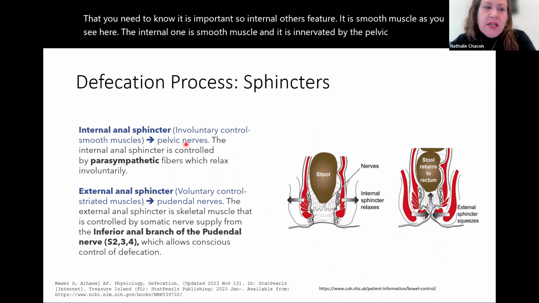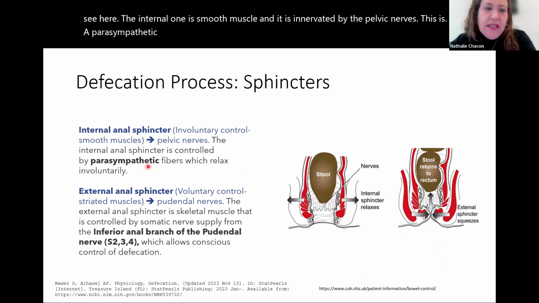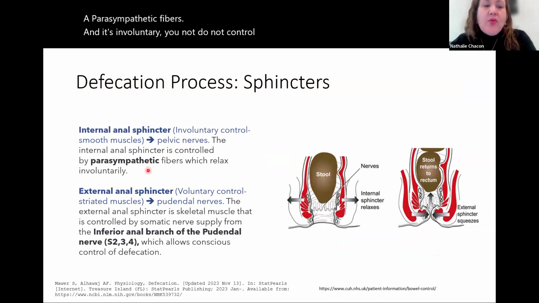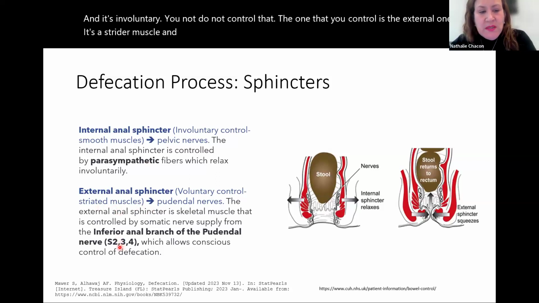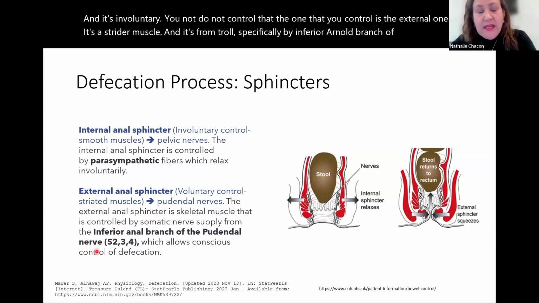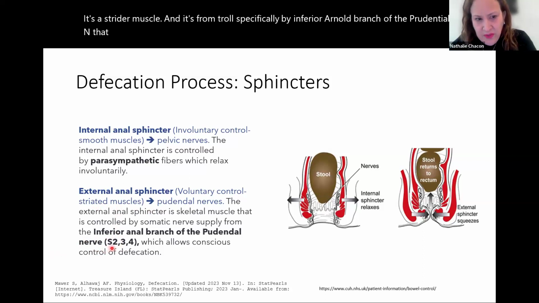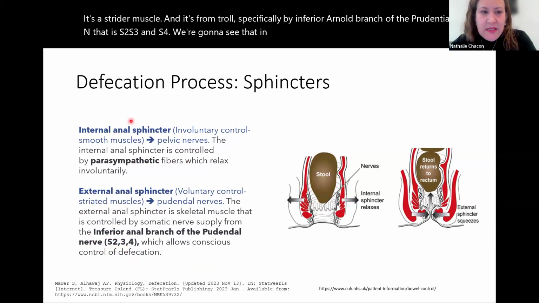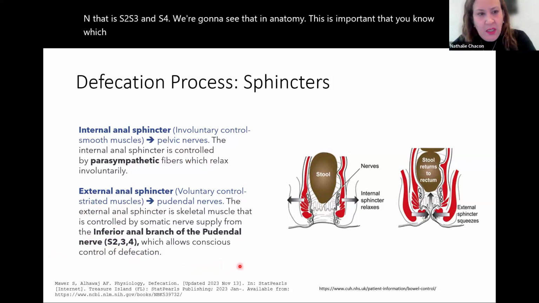These are parasympathetic fibers, and it's involuntary. You do not control that. The one that you control is the external one. It's striated muscle, and it's controlled specifically by the inferior anal branch of the pudendal nerve, which is S2, S3, and S4. We're going to see that in anatomy. This is important that you know which one is which, okay?